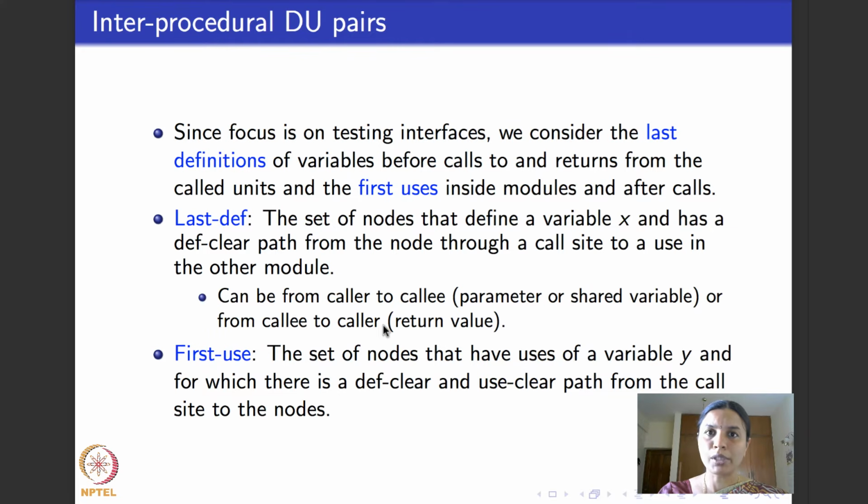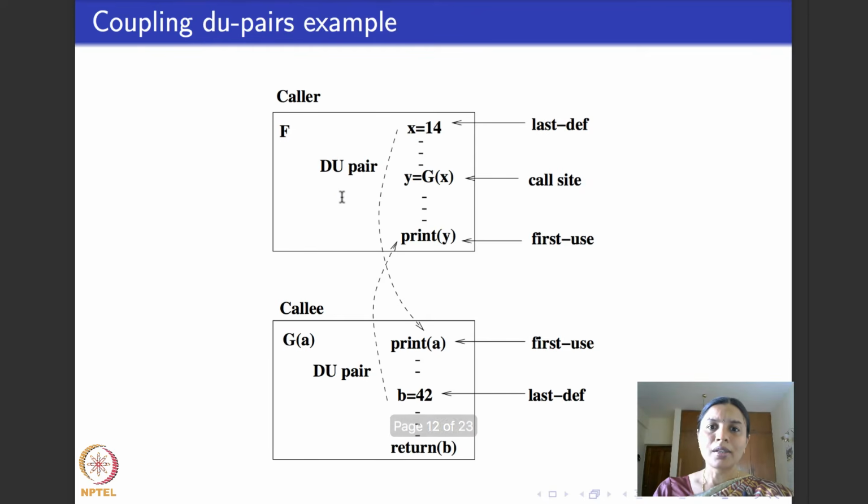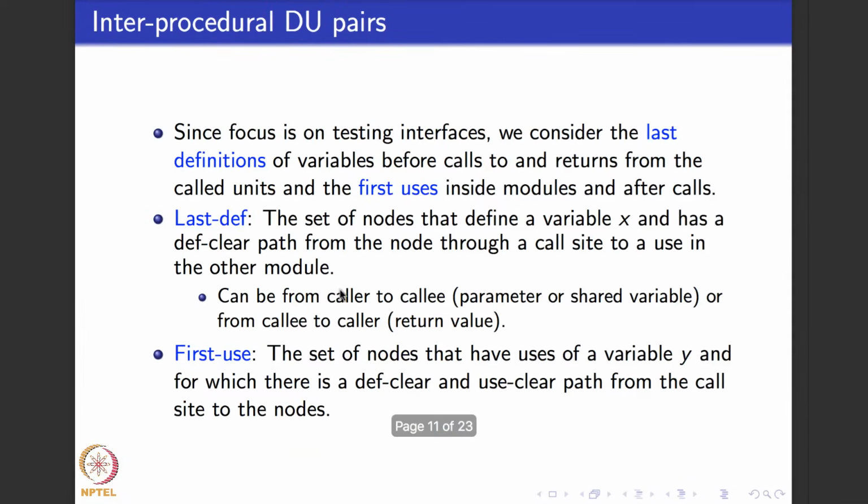We saw examples of both these cases, right? Here, LastDef x is equal to 14 is from the caller to the callee. This LastDef for b being 42 is from the callee back to the caller. So two kinds of LastDefs can be there.